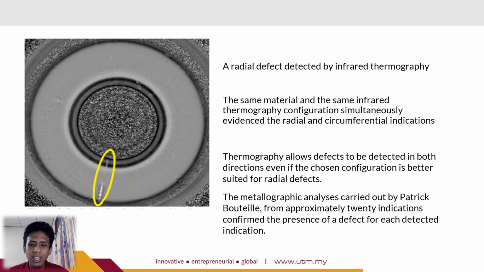The metallography analysis carried out by Patrick Boutel on some of the papers that we researched, from approximately 20 indications, confirmed the presence of a defect for each detected indication. So we can conclude that from this infrared thermography, the results are quite accurate.